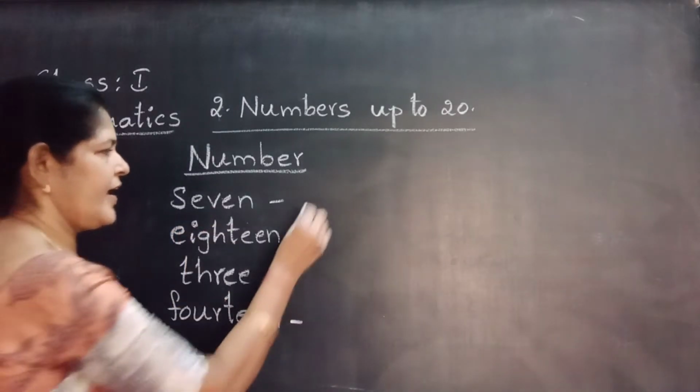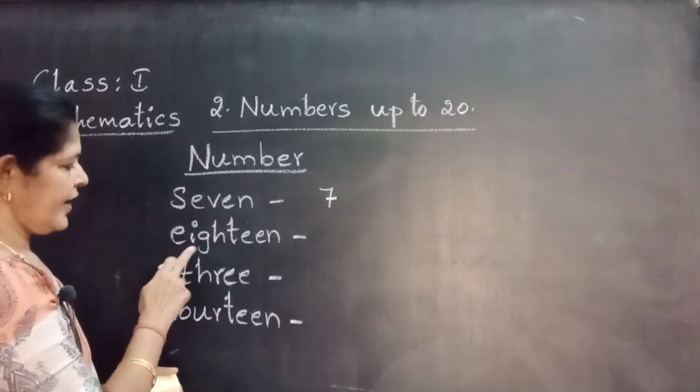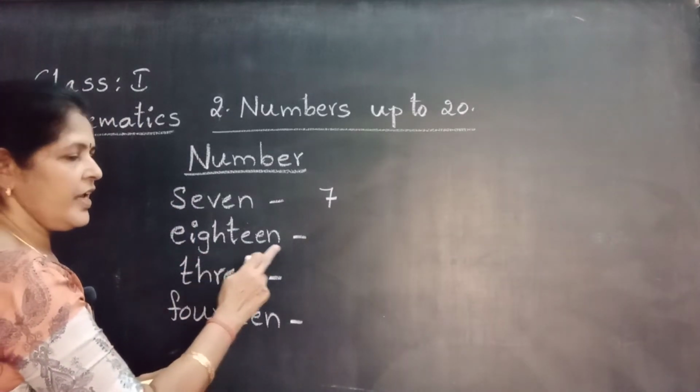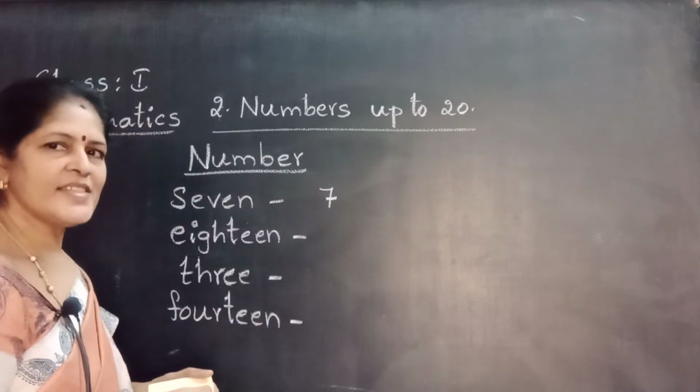S-E-V-E-N. Yes, very good. 7. Next, E-I-G-H-T-E-E-N. 18. Two-digit number.